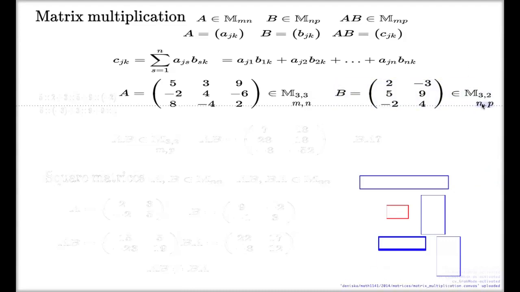So at least from the point of view of the dimensions, these matrices are compatible. The number of columns here, 3, is the same as the number of rows here. So my AB matrix will be of size m by p, so it will be a 3 by 2 matrix.